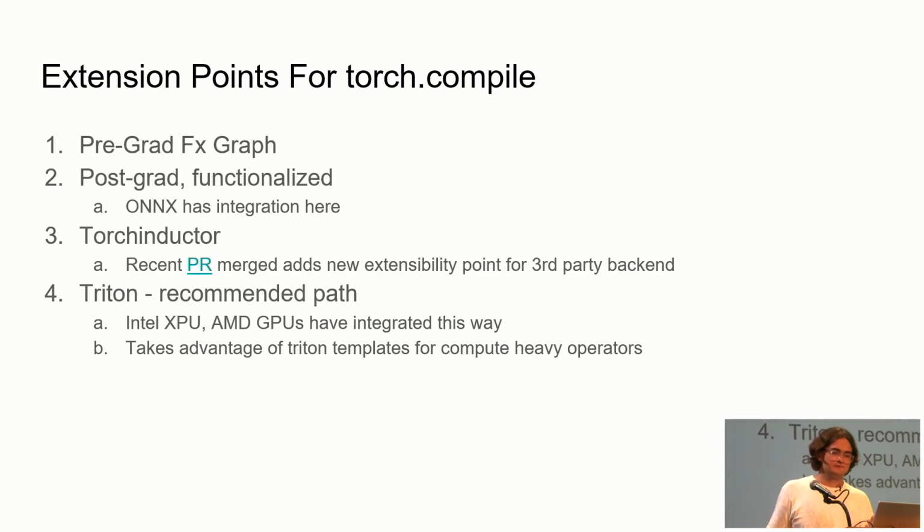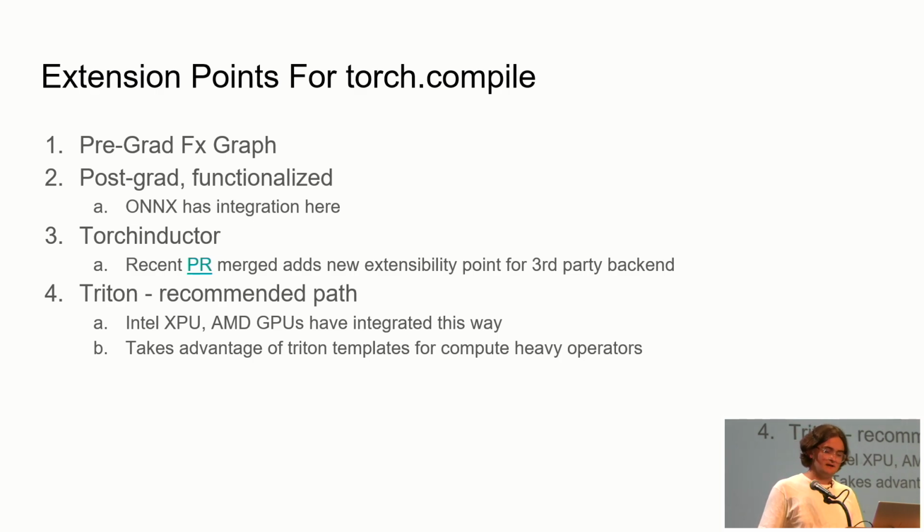And then there's post AOTAutograd, which at this point, gradients have been handled for you. It's functionalized. And I'll note ONNX has an integration here because I know a lot of hardware backends integrate with ONNX, so that might be a good, easy way just to get initial results or build more thoroughly upon.